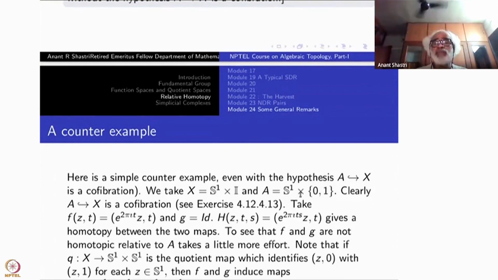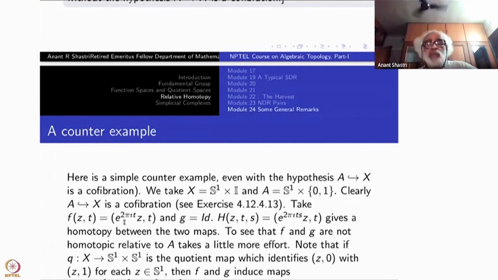Now you take the function f of (z, t) equal to e power 2 pi i t times z. So I am multiplying the first coordinate z. I am thinking of this as a complex number of unit length. Okay, first coordinate is a complex number, second coordinate is a real number. E power 2 pi i t times z will be another complex number of unit length.